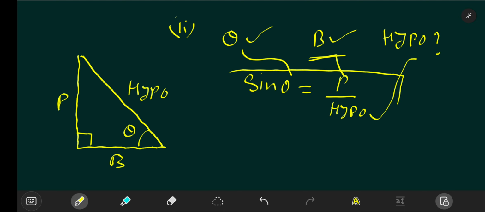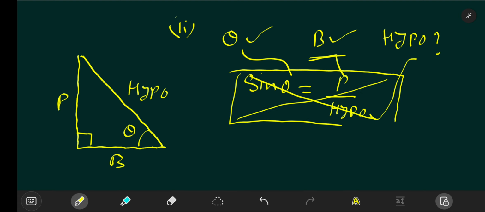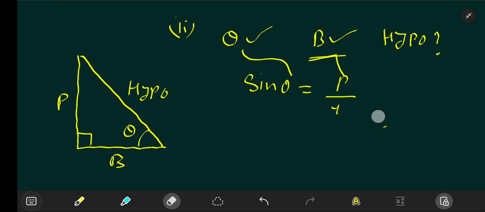So we have selected the wrong trigonometric function, as the given information is not there in this formula. So we have to select the correct trigonometric function with regard to the given information in the question.